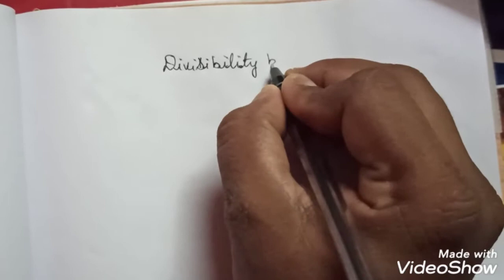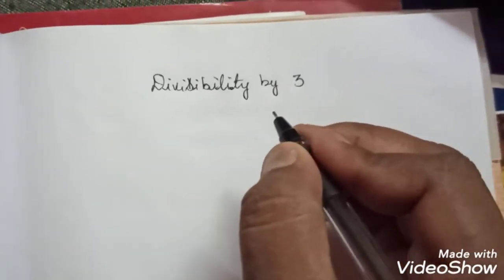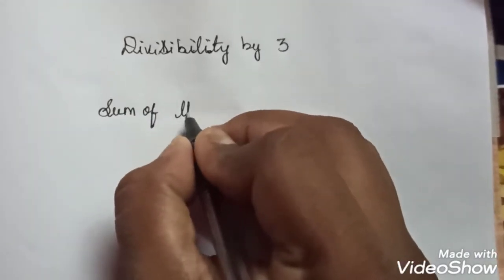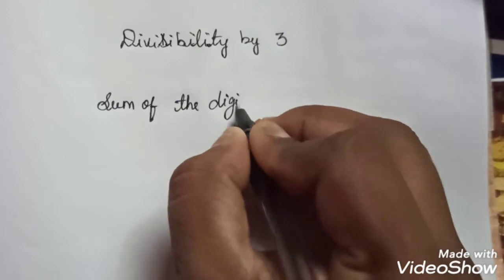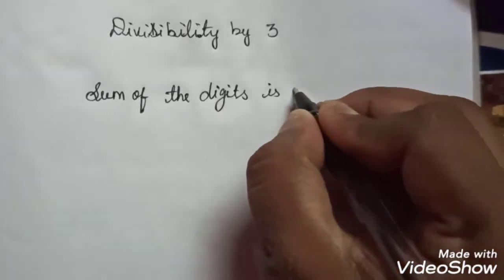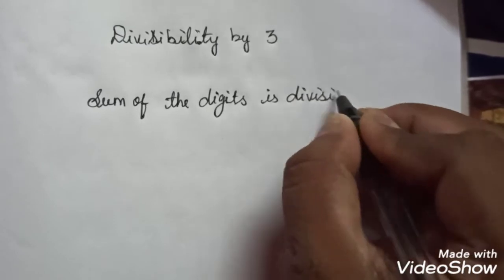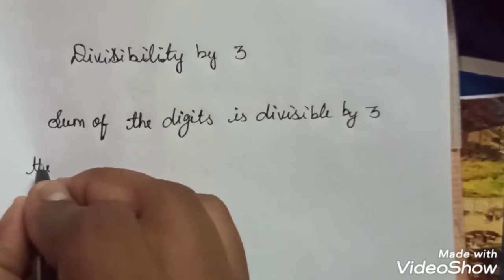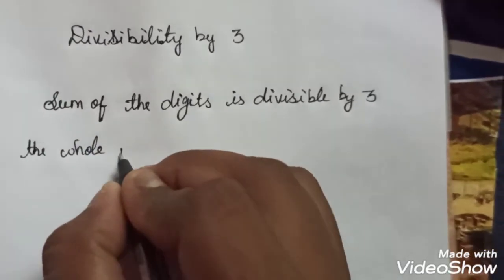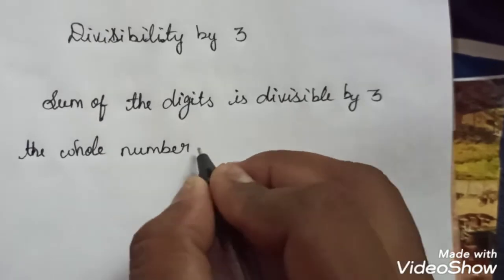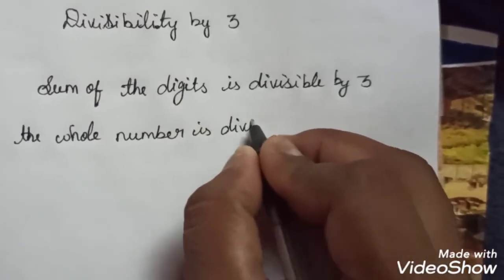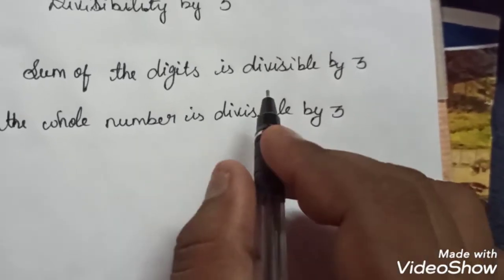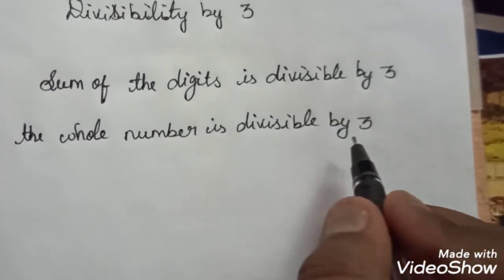What is the rule for divisibility by 3? If the sum of the digits is divisible by 3, the whole number is divisible by 3. So if the sum of the digits is divisible by 3, the whole number is divisible by 3.